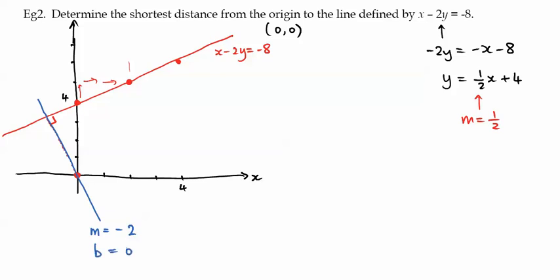Once again, we have the y-intercept. This line passed through the origin, which gives us the y-intercept at 0. The equation for this line using slope-intercept form, y equals mx plus b, would give us y equals -2x.